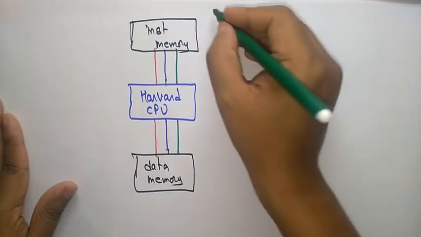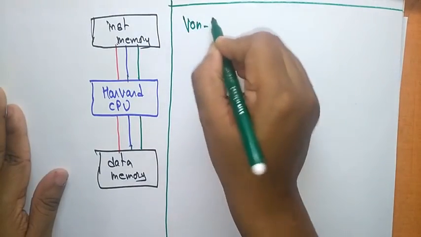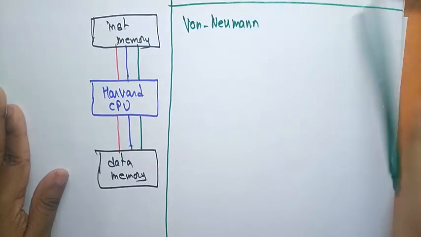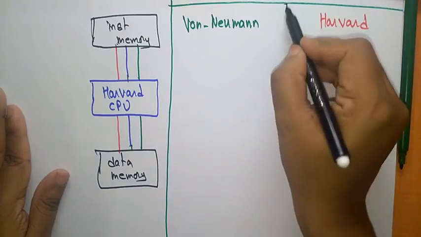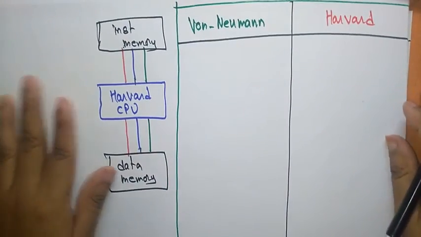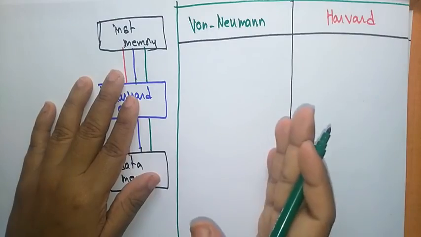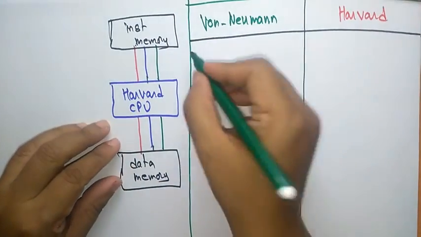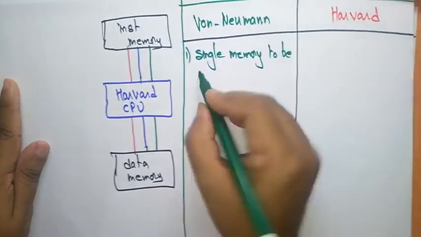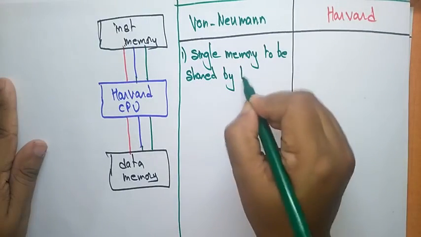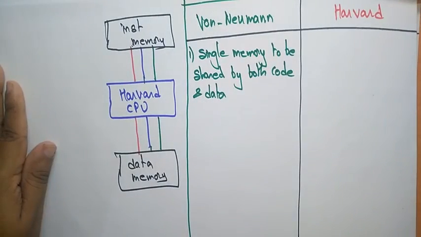Let me explain the difference between the von Neumann and Harvard architecture. As I said, von Neumann uses only a single memory, and that single memory has to be shared by both code and data, that is, the instructions and data are shared with the help of a single bus.